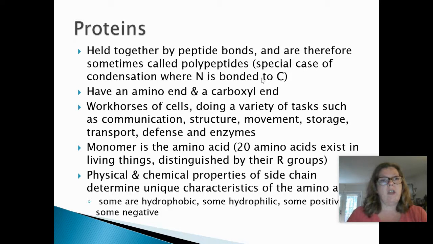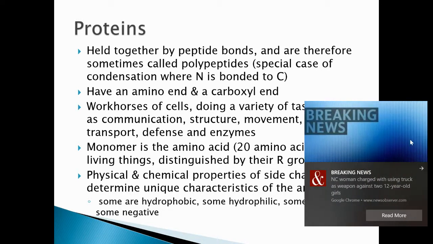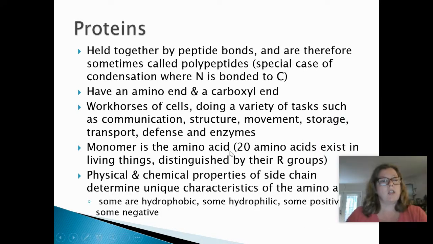Antibodies are there for defense. And by transport, by the way, I mean transport of molecules like oxygen in the blood. Hemoglobin transports oxygen in the blood. And then, of course, as enzymes. Now, we're not dealing with enzymes here. We'll deal with enzymes in Unit 3. But for now, just know that they can act as enzymes.